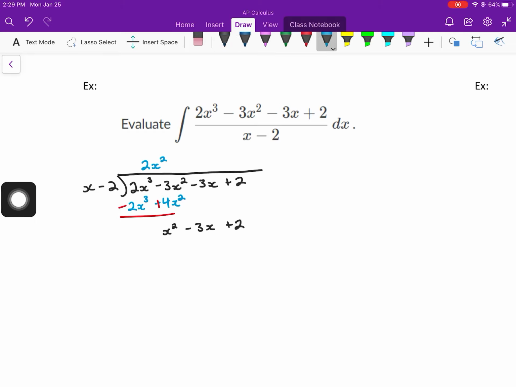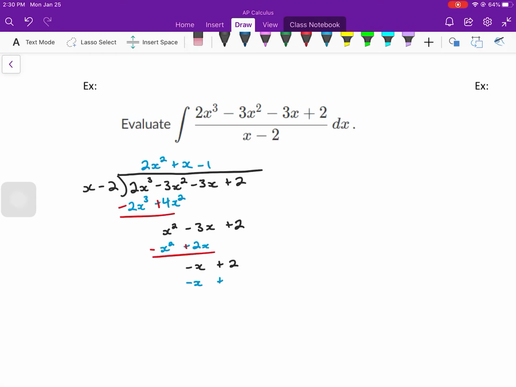And then x times x is going to be x squared. Minus 2x. So subtract to get negative x plus 2. Kind of nice this doesn't have a remainder, so we don't have to really worry about that. I don't think it has a remainder. So negative 1 will be the next thing to get us negative x plus 2.